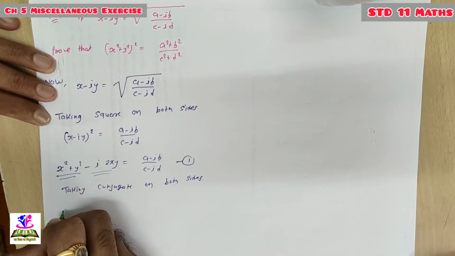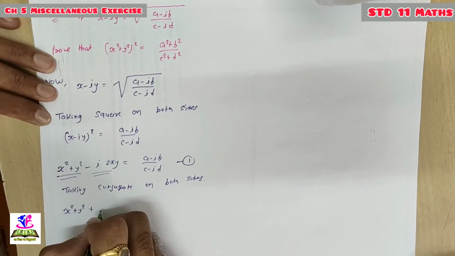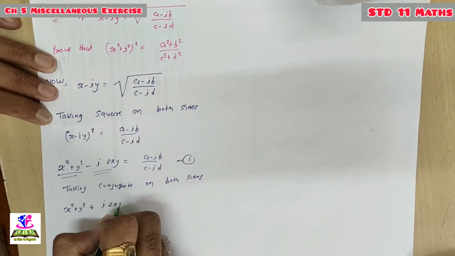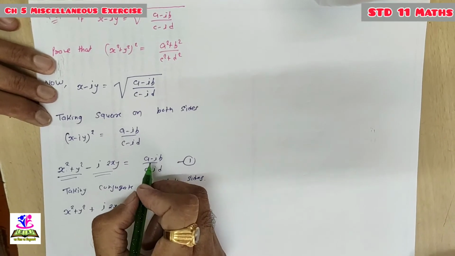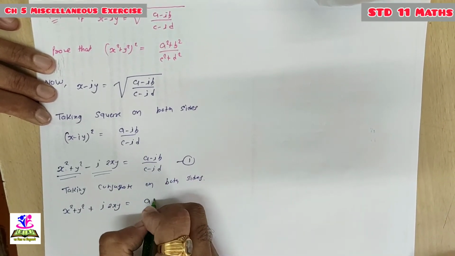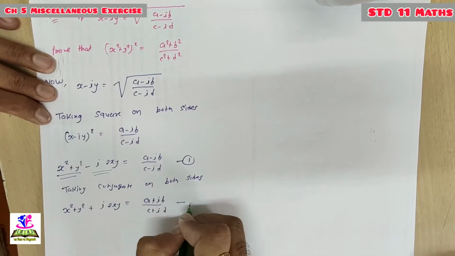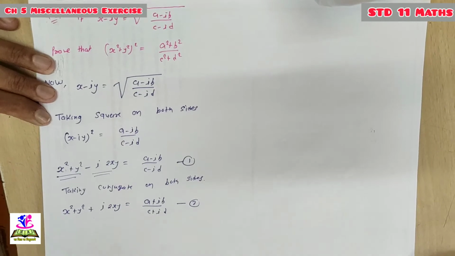So the conjugate of the left hand side is x square plus y square plus i into 2xy. Now on the right hand side, we change the minus sign into plus sign. It's (a plus ib) upon (c plus id). Say this one is result 2.